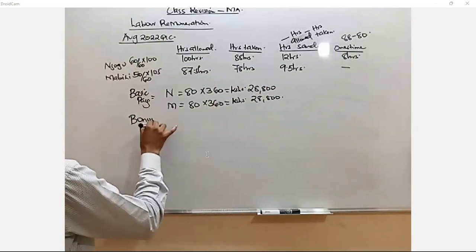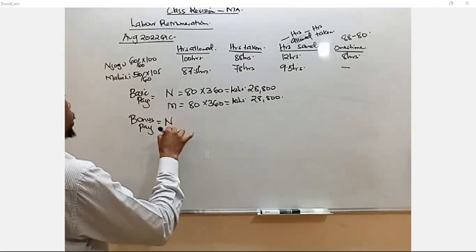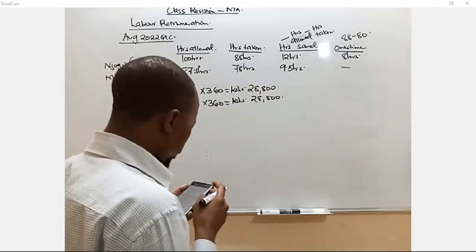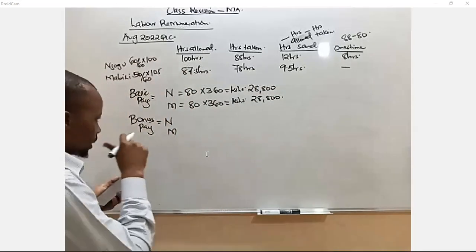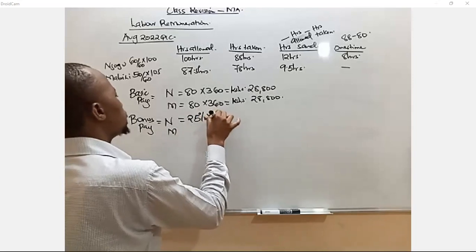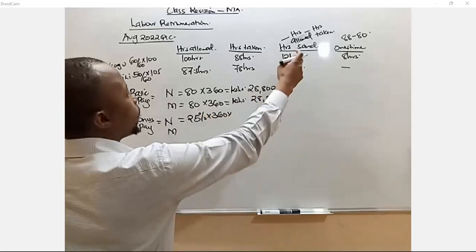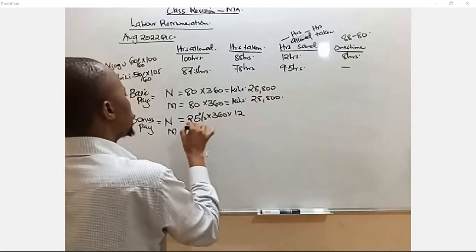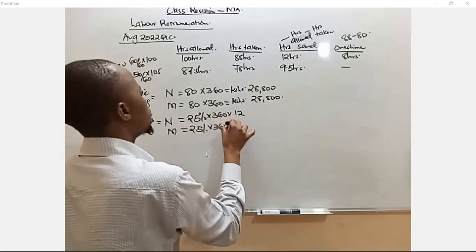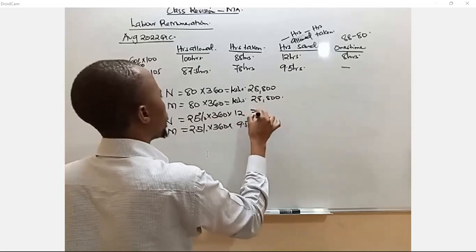What is the bonus pay? We say, to get the bonus is based on what? Even if the examiners already told you there under the information number 2, for every hour saved, a bonus was paid at the rate of 25% of the basic wage rates. So in this case, it means it will be 25% times 360 times the hours saved, 12. The other one will be 25% times 360 times 9.5.